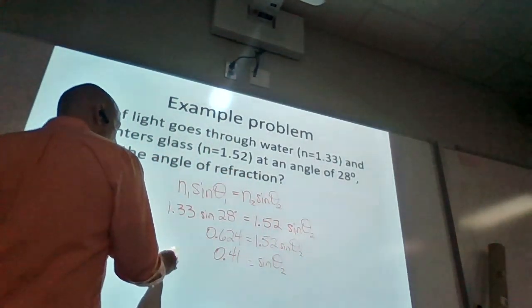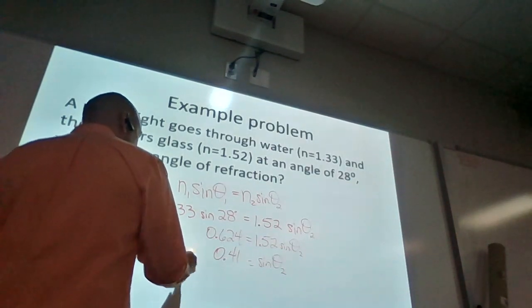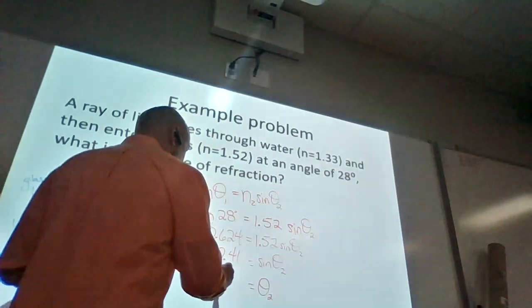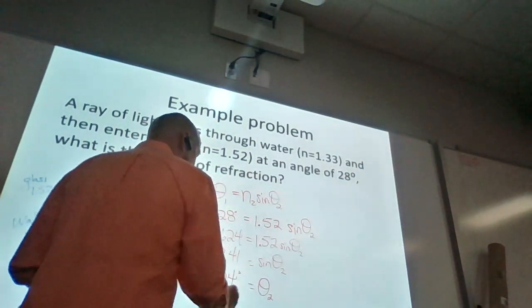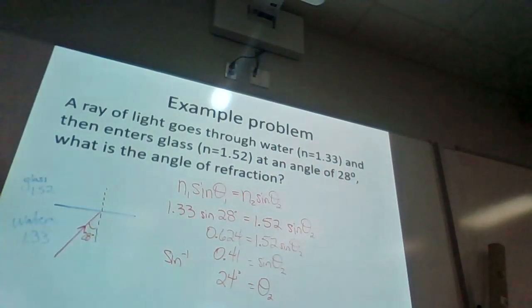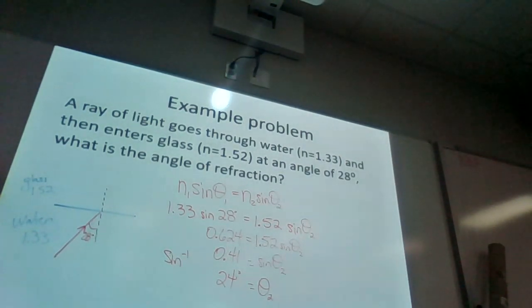Then do inverse sine. You get 24 degrees. How does that compare with what you hypothesized?